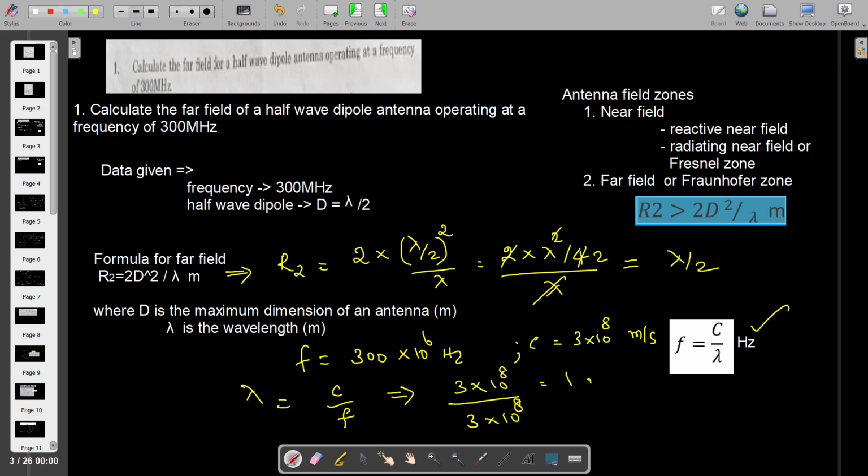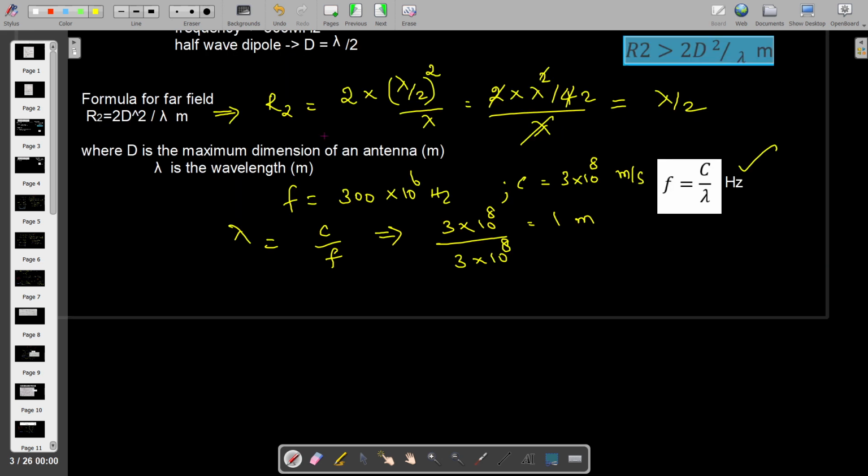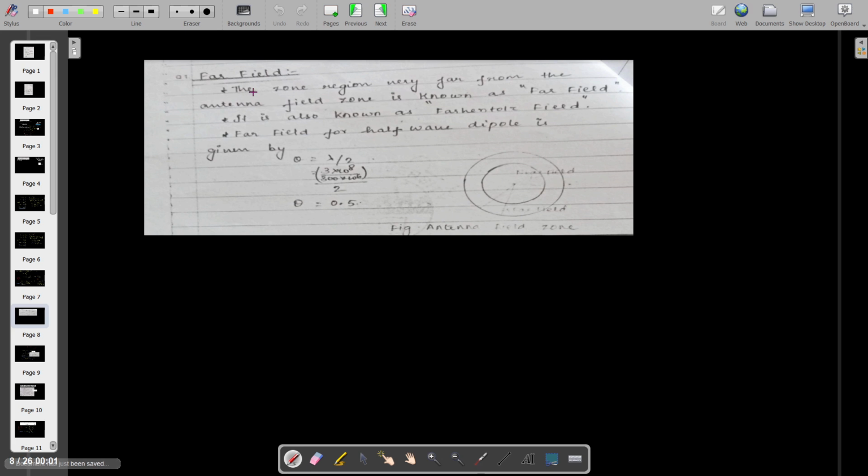So this is 1 meter. Now I can substitute this in the result for R2. R2 is equal to lambda by 2, so it is 1 divided by 2, that is 0.5 meters. So the answer for this particular question is 0.5 meters.